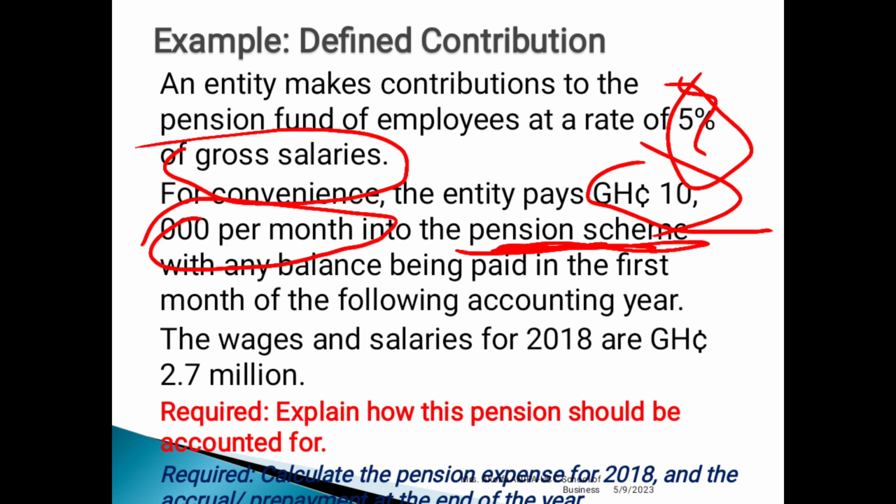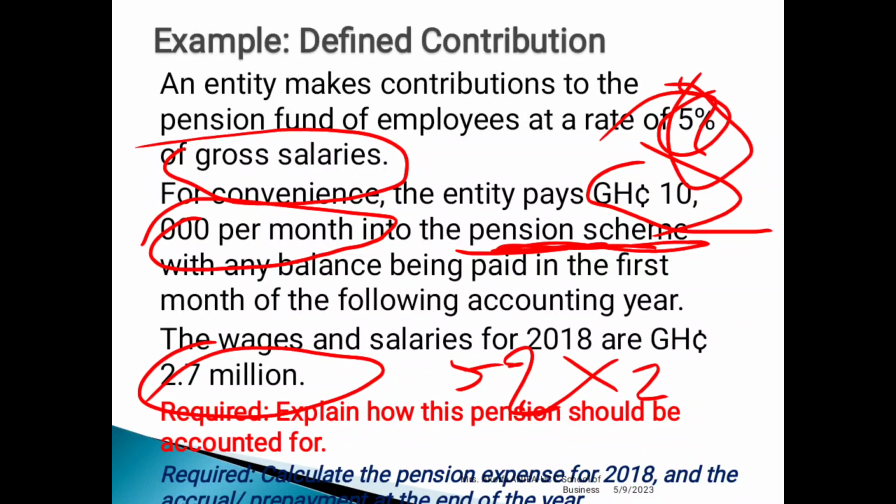So it means we have to find 5% of this amount, because this is the wages and salaries for 2018. So if we find 5%, that would be 5% of 2.7 million.